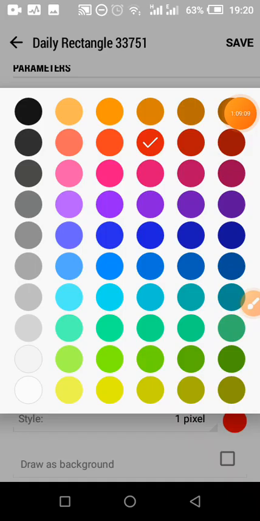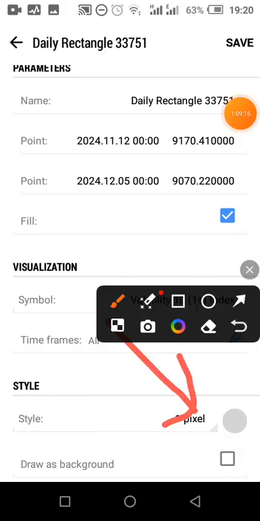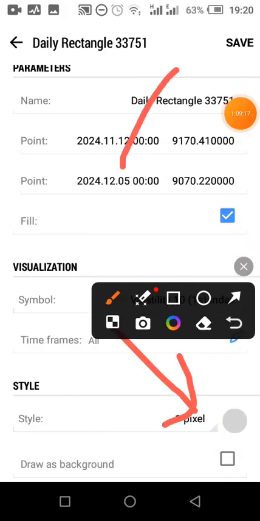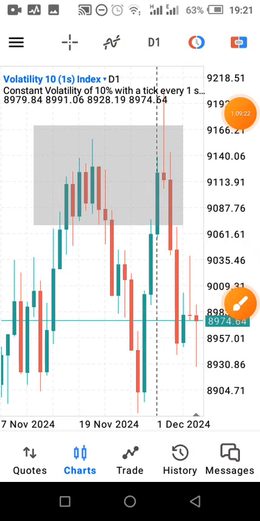And you can obviously choose whatever color you want on the style there, and then select save on the top right corner there. And now when going on smaller time frames, your rectangle will still appear.